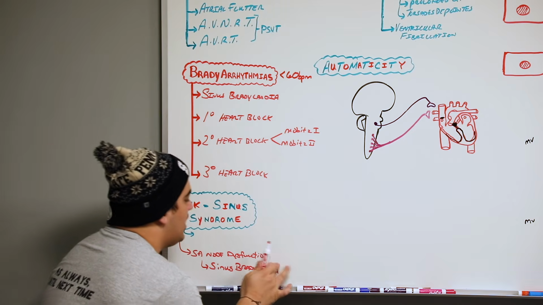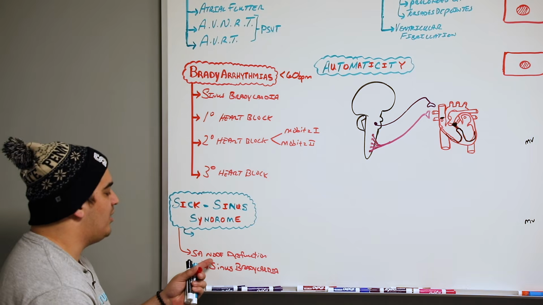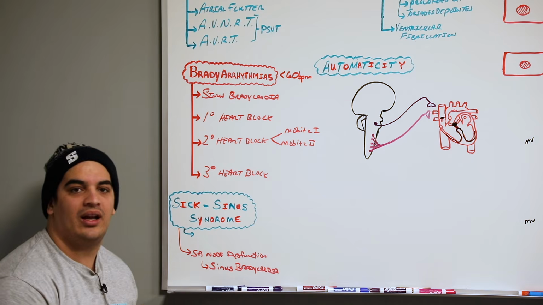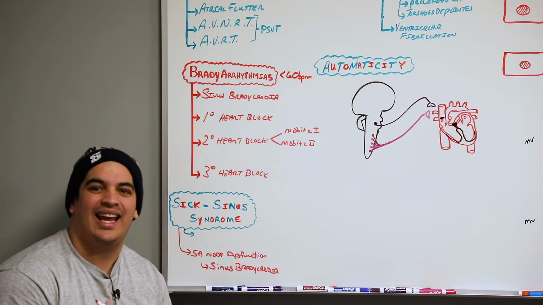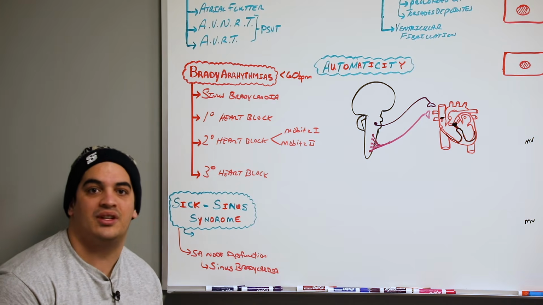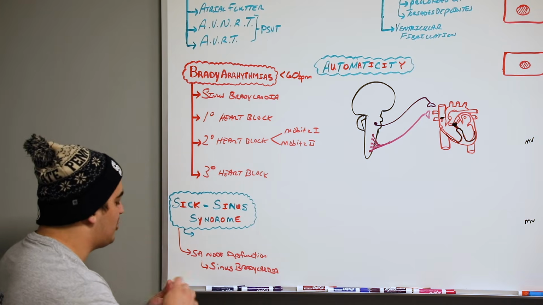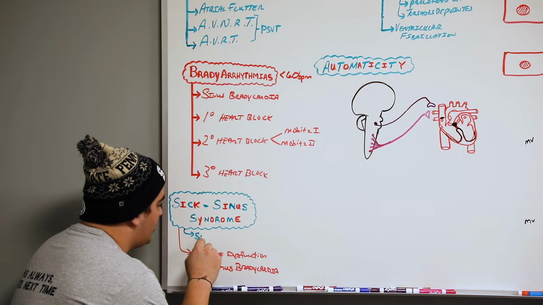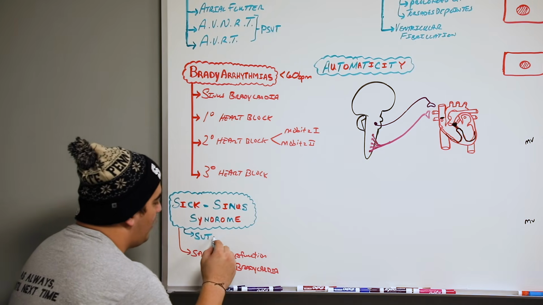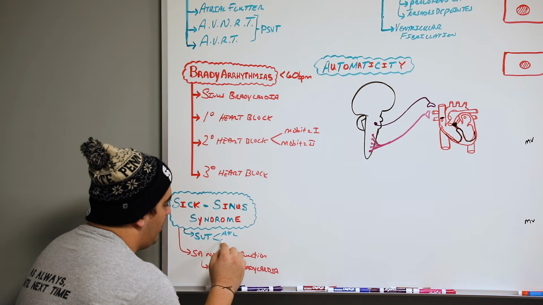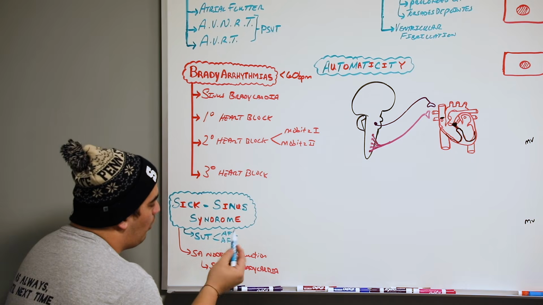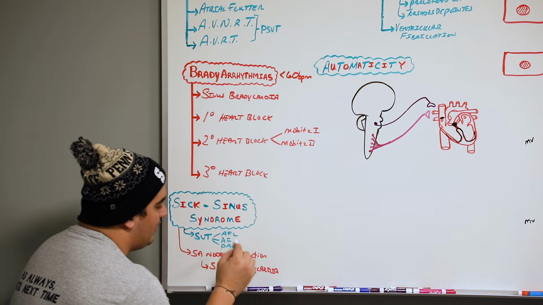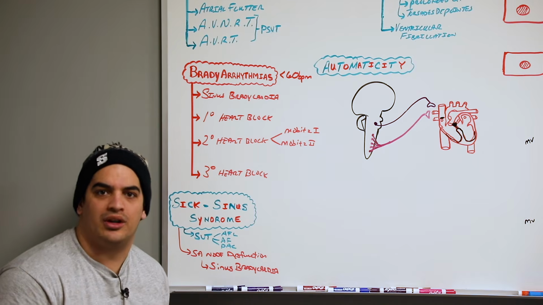But then because of this underlying bradycardia and the SA node being dysfunctional, some other area in the atria has to take over to compensate for the SA node dysfunction. Sometimes, as a result, these patients develop an associated supraventricular tachycardia, whether this be atrial flutter, atrial fibrillation, or even just a PAC of some kind, like a premature atrial contraction.